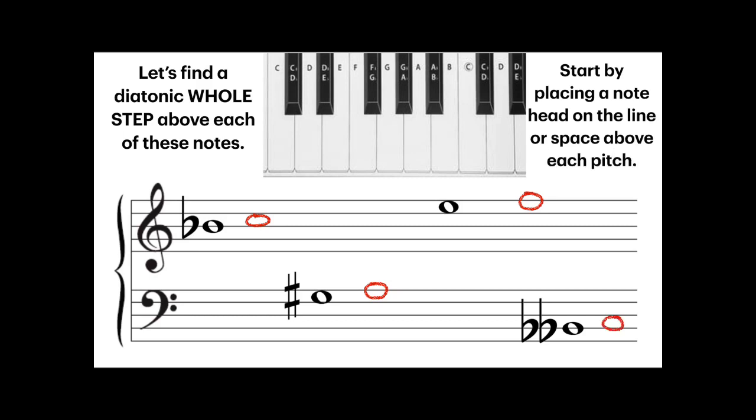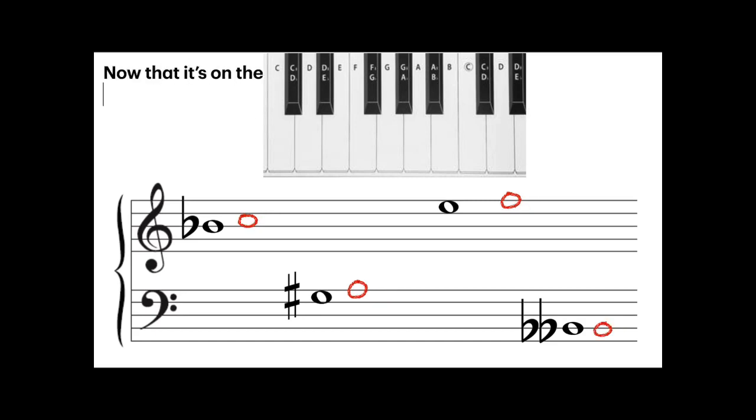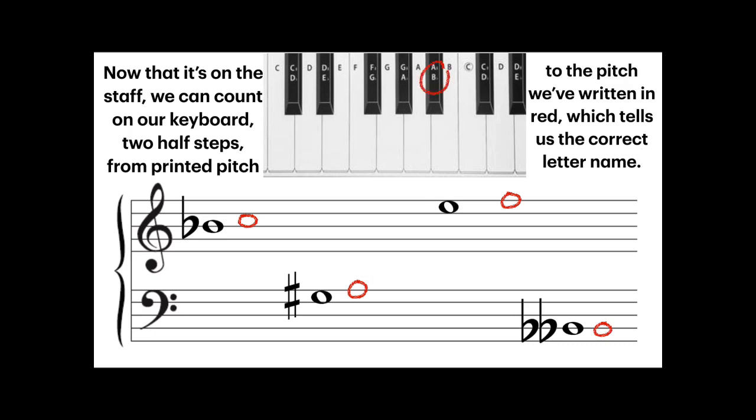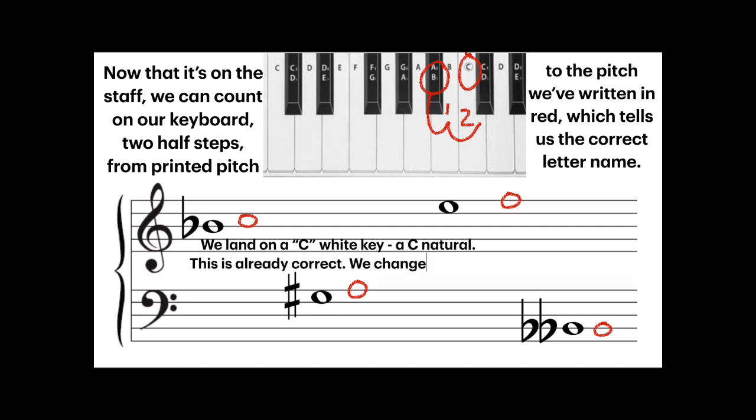Start by placing a note head on the line or space above each given pitch. Now that it's on the staff, we can count on our keyboard 2 half steps from each printed pitch to the pitch we've written in red, which tells us the correct letter name. This will help us to find the correct enharmonic.